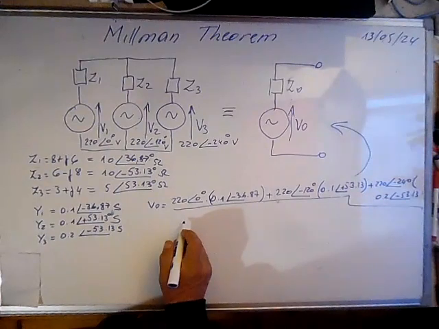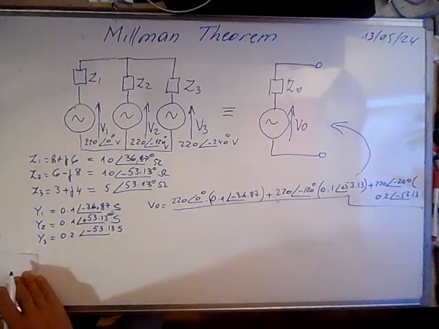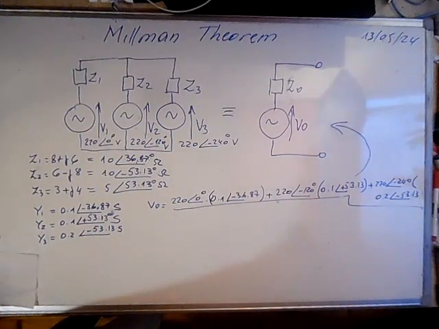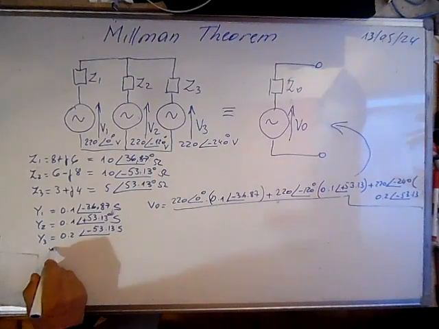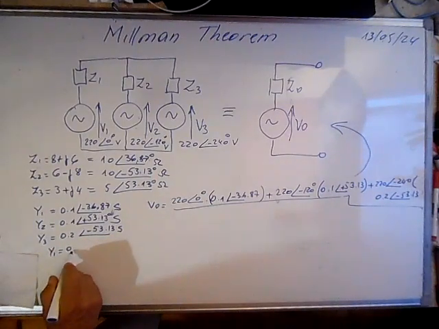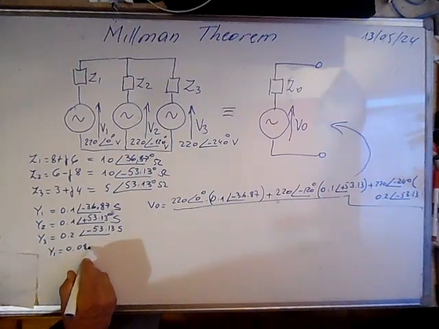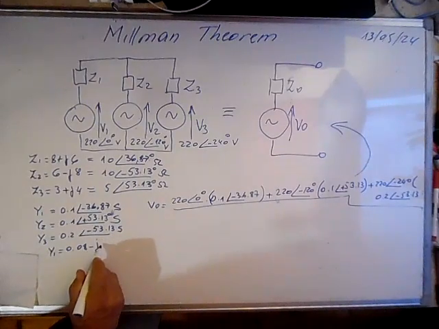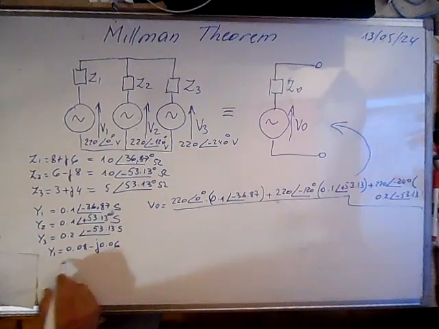Y1 in algebraic form is equal to 0.08 minus j0.06.